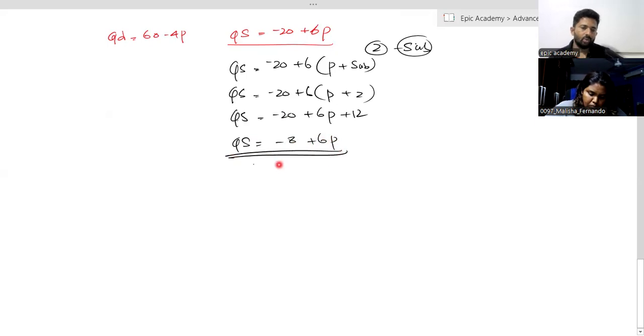So already we created the new supply equation.